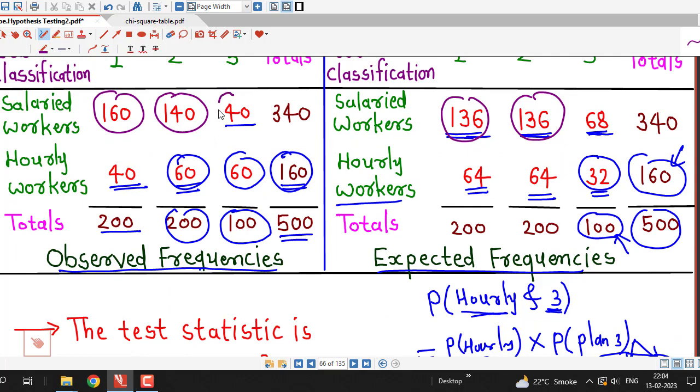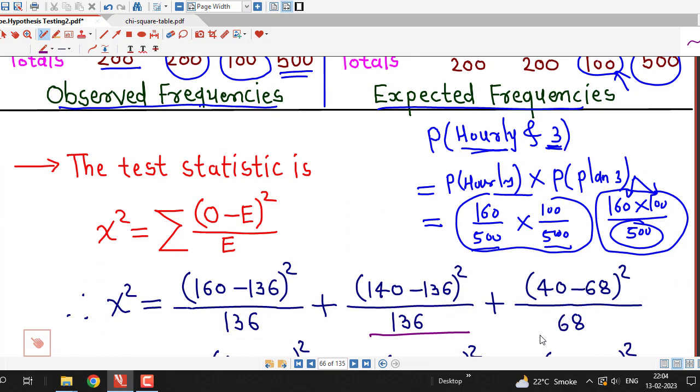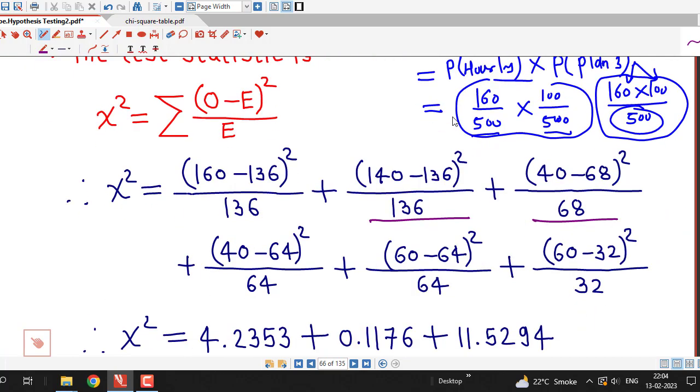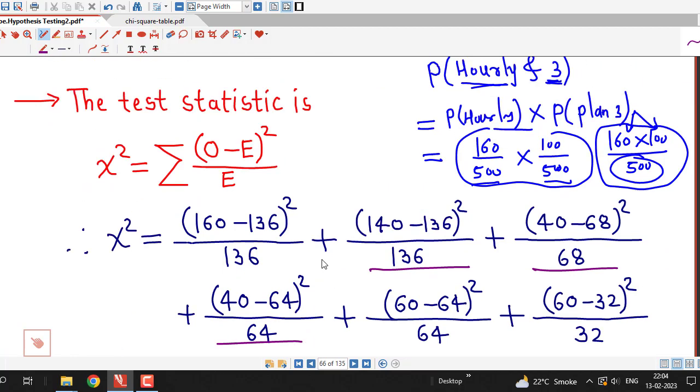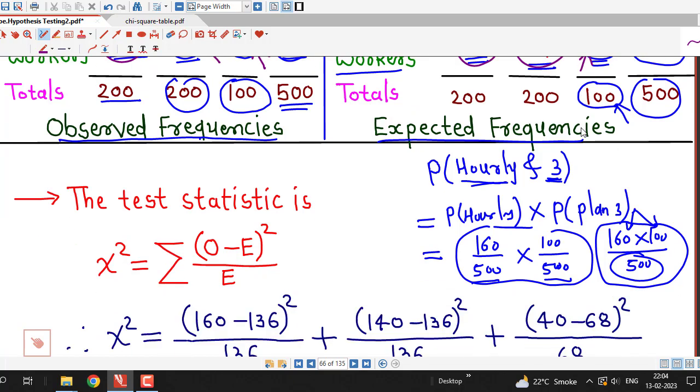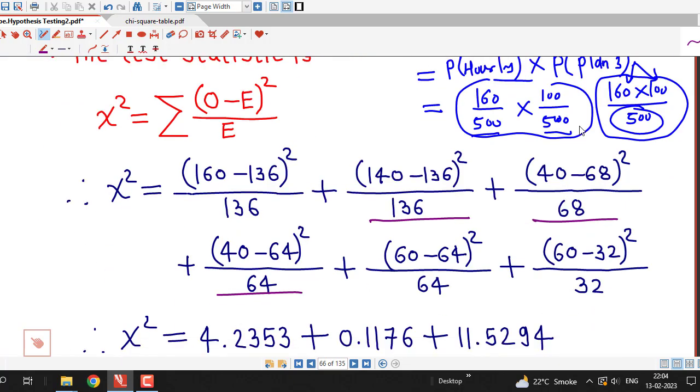The third term will be 40 minus 68 whole square divided by 68. So I have written that here. Similarly, the next term will be 40 minus 64 whole square divided by 64. Then 60 minus 64 whole square divided by 64, and 60 minus 32 whole square divided by 32.